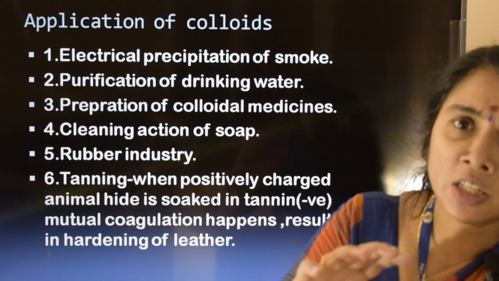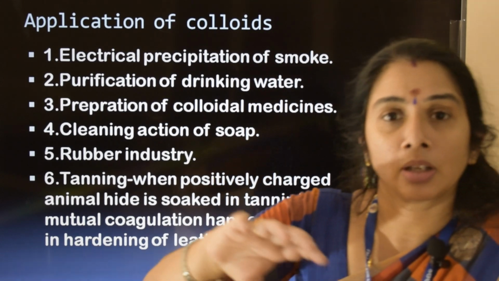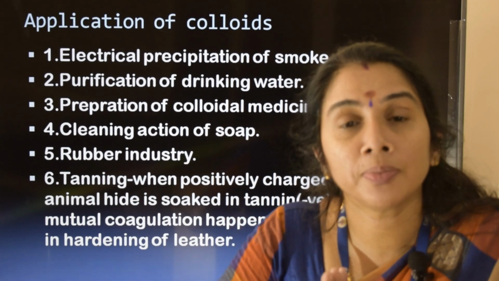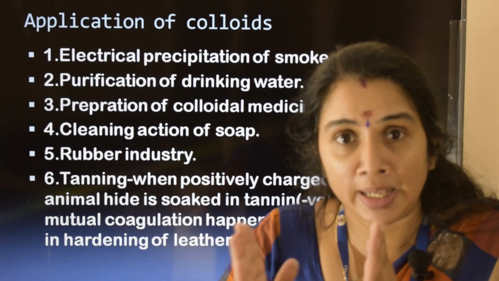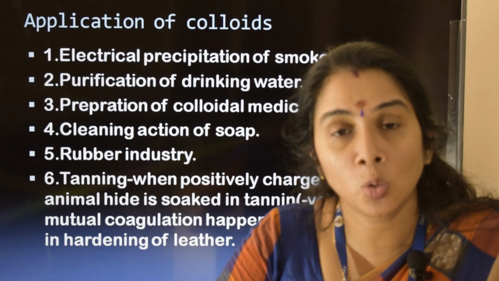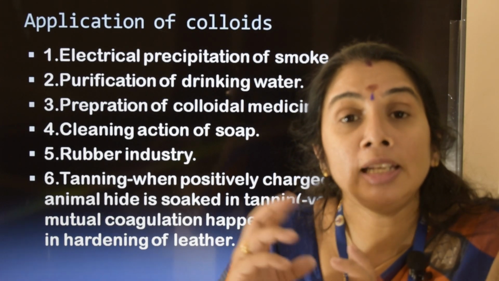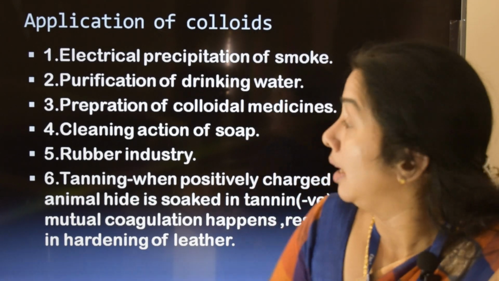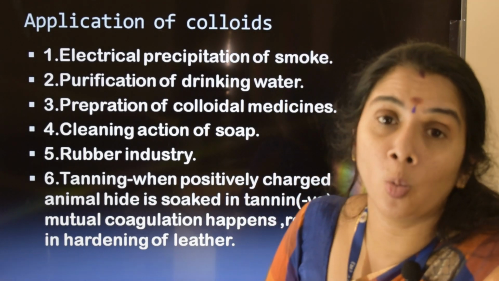The smoke is passed into a huge chimney where it is connected to electric plates. These electric plates will attract the colloidal particles towards them and will release the smoke with less harmful gases.